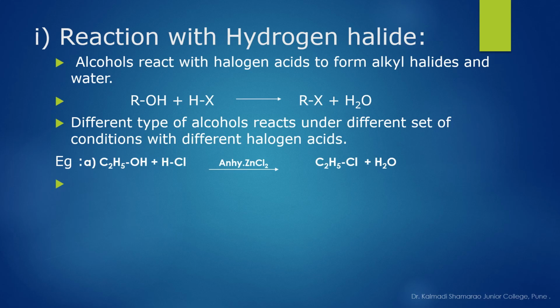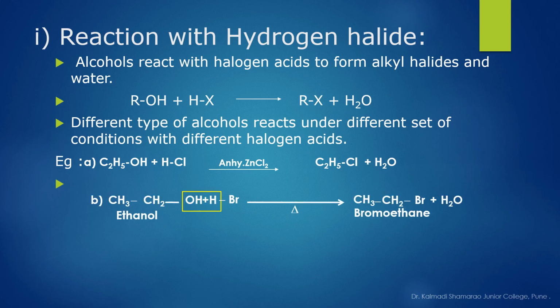For example, if we take ethyl alcohol, a primary alcohol, reacting with the haloacid HCl in the presence of anhydrous zinc chloride, it gives the alkyl halide ethyl chloride and water.